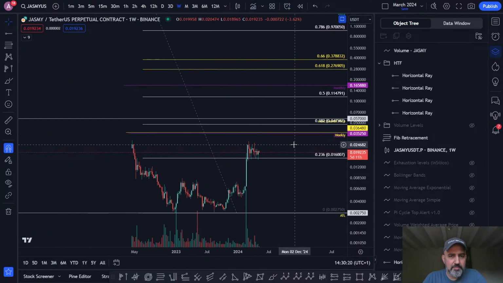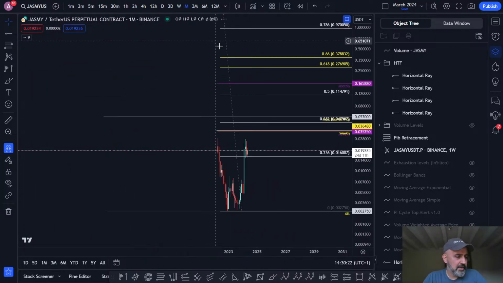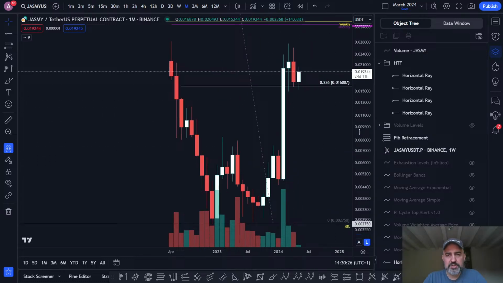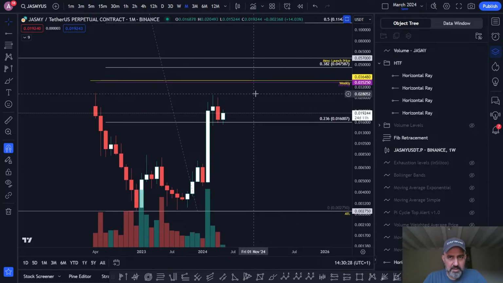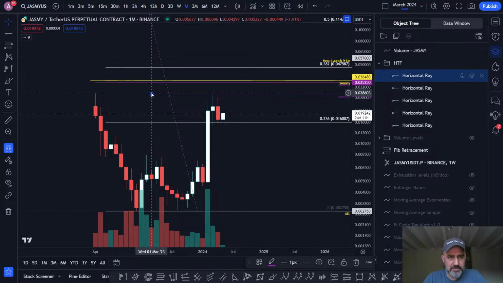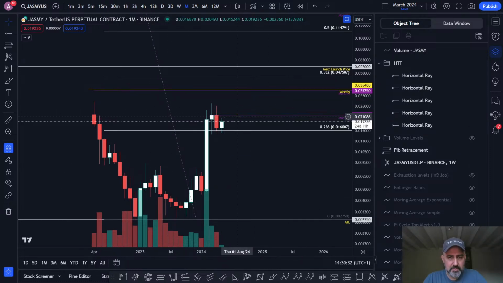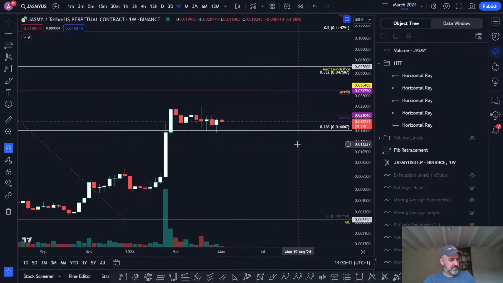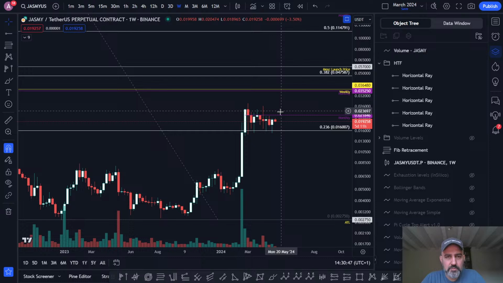Just looking at the current price action, the current price range. David, you're asking me a question. Let me have a look in a second. Yeah, there's this current monthly level as well. Weekly. Computer's lagging. All this weekly level's been tapped.